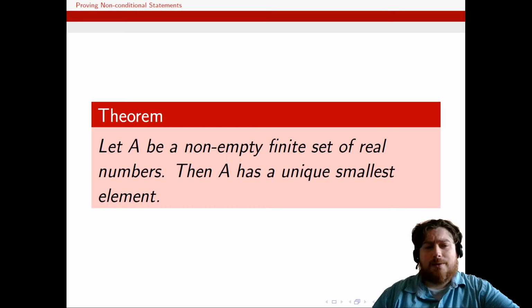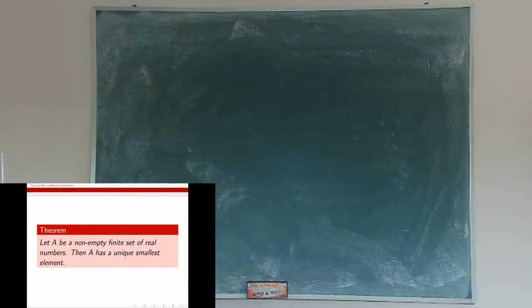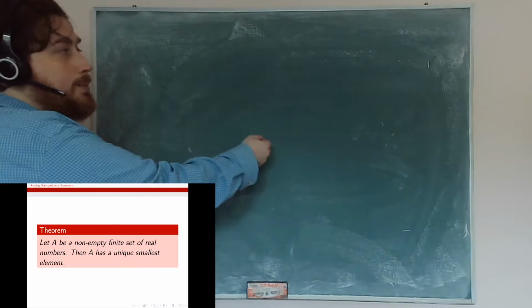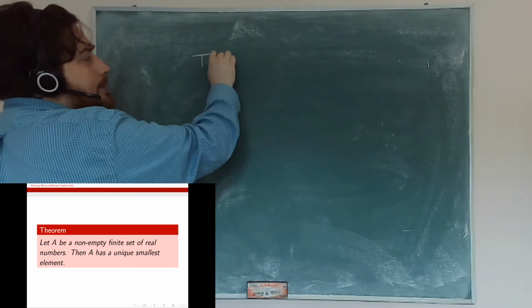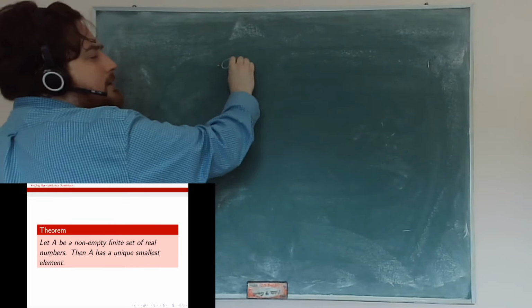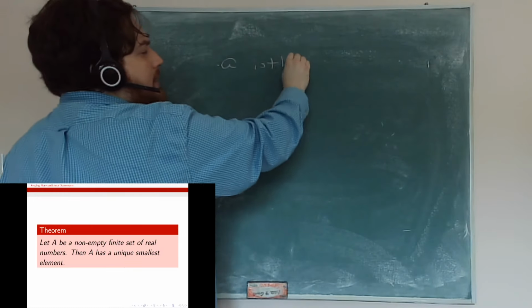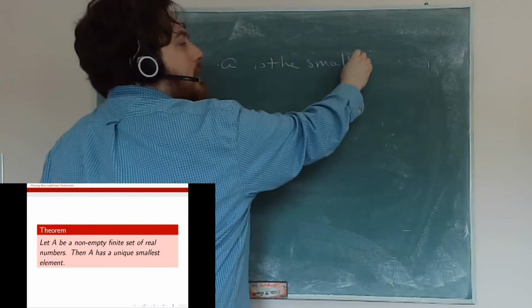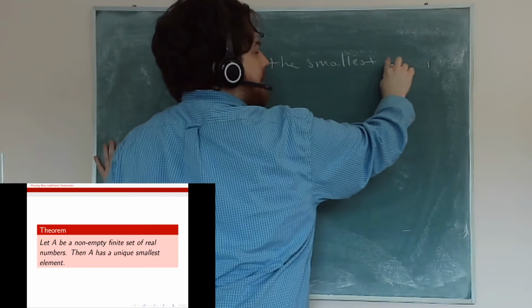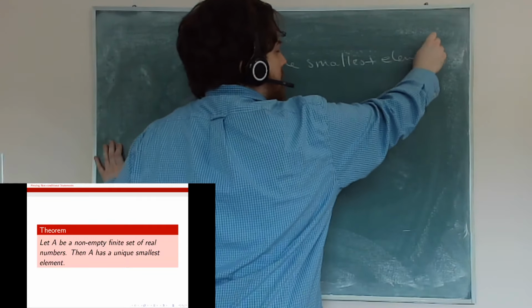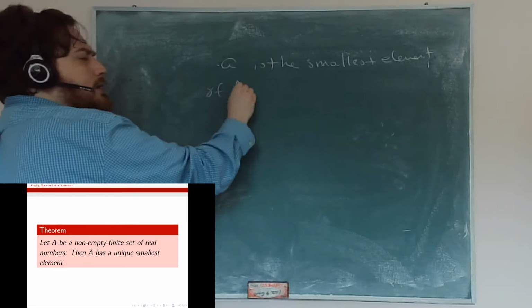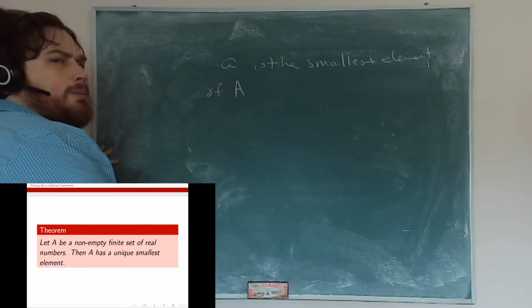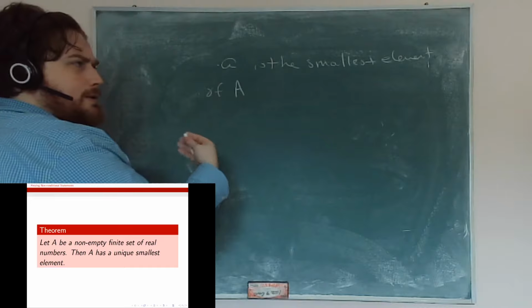As I go up to the board for this one, the first thing I want to point out is what the smallest element of A is. To give a definition, since I haven't defined this before, I need to be precise. I'm going to say little a is the smallest element of A, or the minimum of A. Generally, minimum would probably be a more common usage in mathematics, but I'm just going to say smallest.